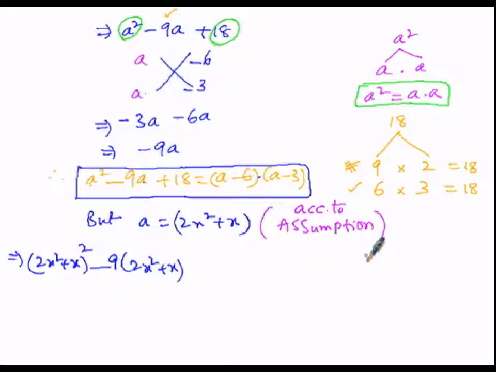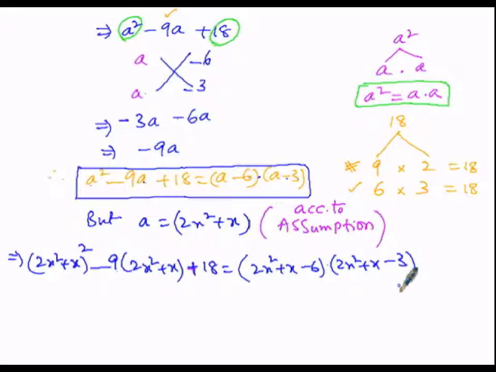So again we are replacing the a values in the given expression which we got here. 9 into a value of 2x squared plus x, plus 18, equals a, that is 2x squared plus x, minus 6, into a value, again 2x squared plus x, minus 3.